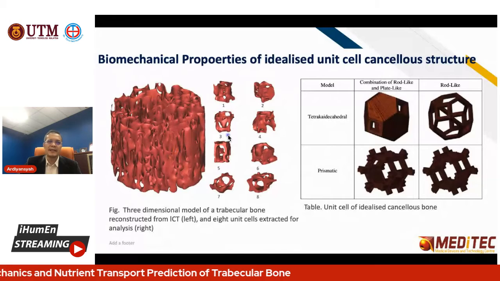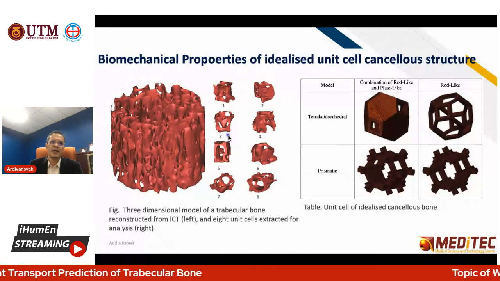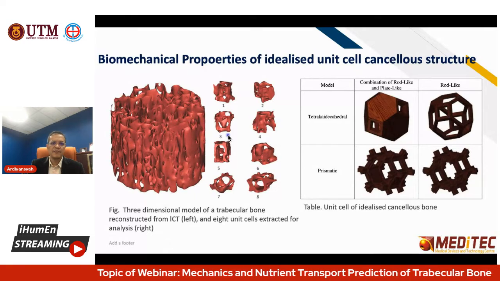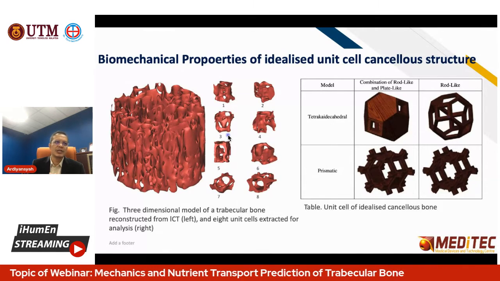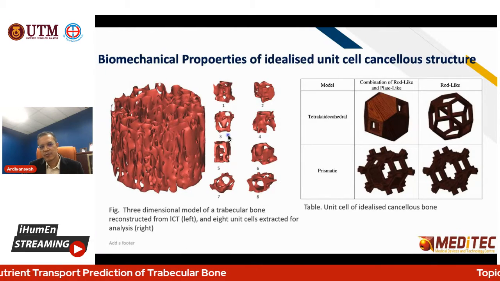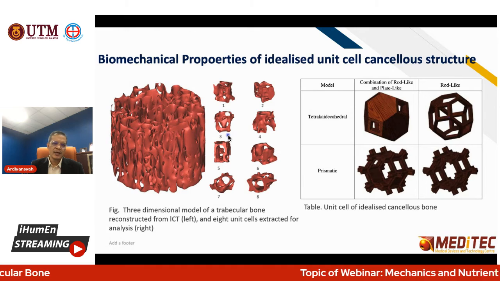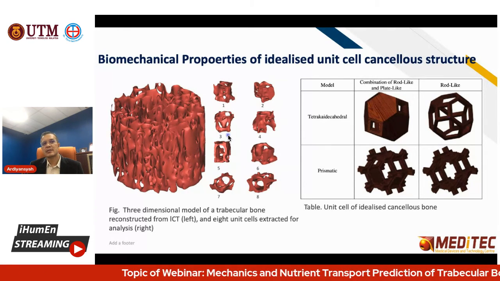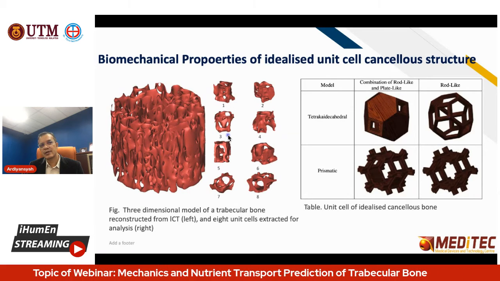That depends. Let's say if you have a good workstation, then you can have a large sample. But if your workstation is not too good, then you can predict the mechanical properties of the trabecular bone with a unit cell. After that, we can develop a unit cell of idealized trabecular bone.